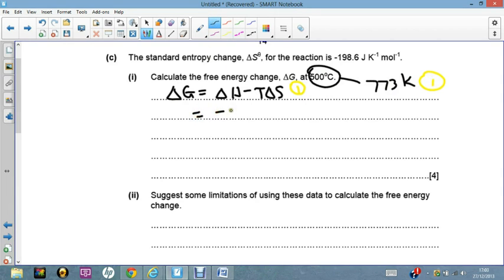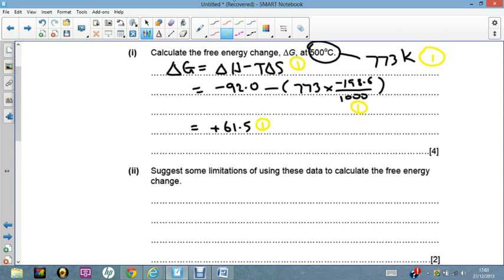So delta H is minus 92, which was right at the start of the question. Temperature 773, and we're going to do minus 198.6, but that must be divided by 1000. Gives us a final answer of plus 61.5. So we're going to get 1 for remembering to divide by 1000 here, and 1 for the final answer.